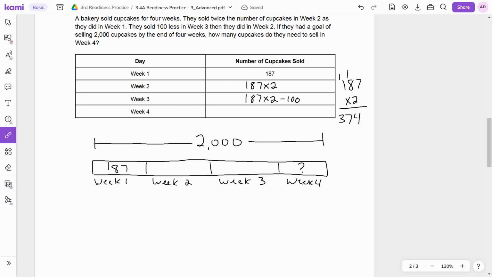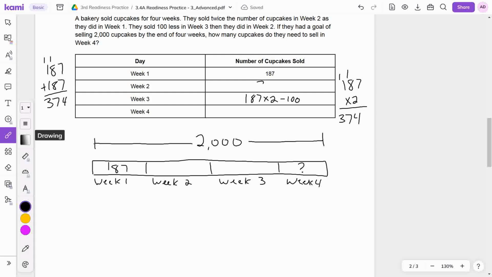Like I said, you could also do 187 plus 187, 14, 16, 17. You get the same answer. So they're both efficient. So I'm going to replace this 187 times 2 with 374. That's how many I have on week 2.